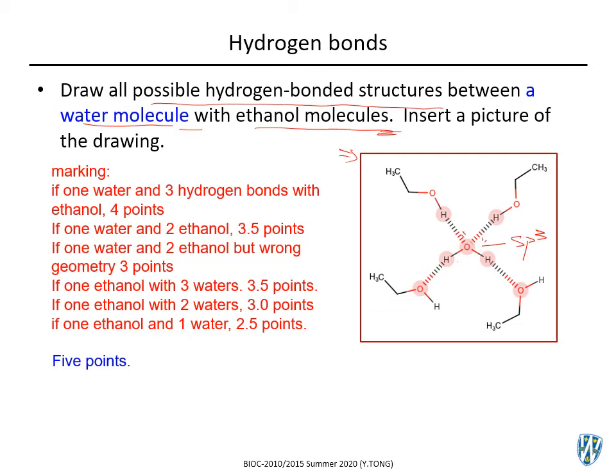Two of them, it's serving as the donor of the hydrogen bonds, so contributes 1 proton each. The oxygen from the ethanol is serving as the acceptor for that. Now, this oxygen of the water can also serve as the acceptor of the hydrogen bond. So 2 ethanol molecules contribute their OH group and form 2 hydrogen bonds with this oxygen of the water. So if you did not get the full mark, then here's the reason.